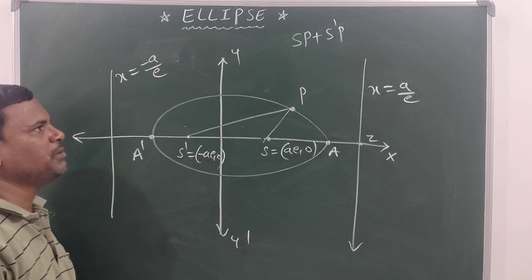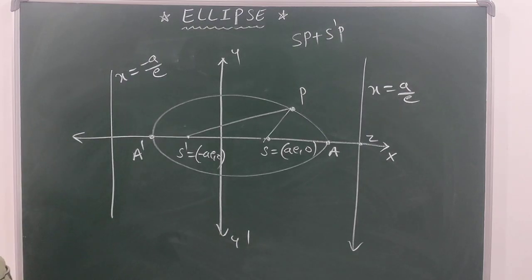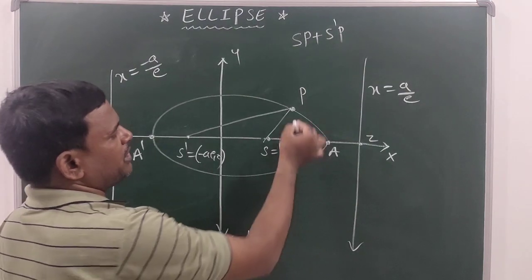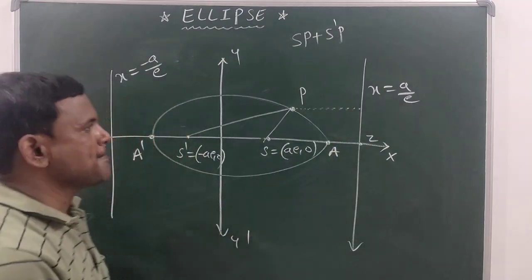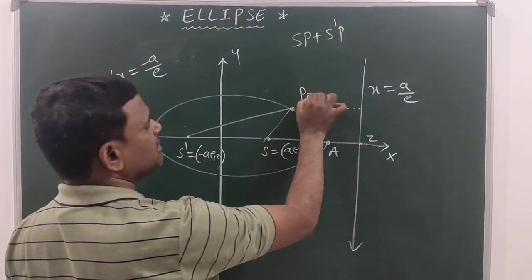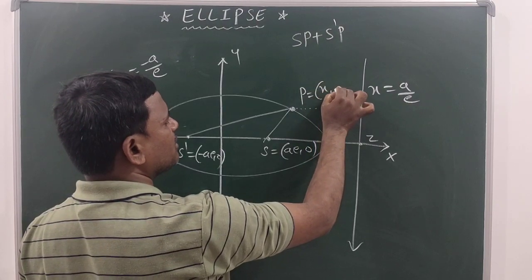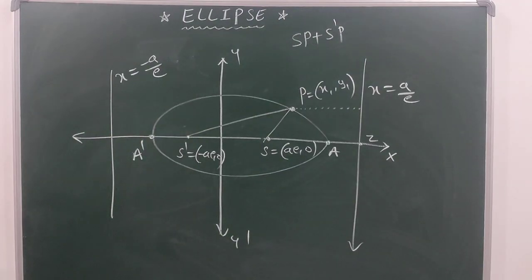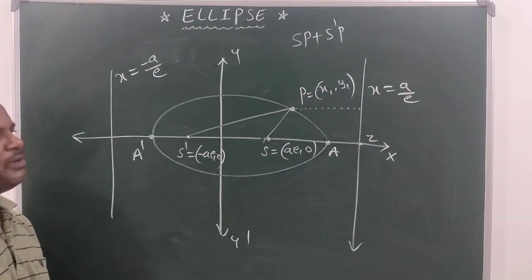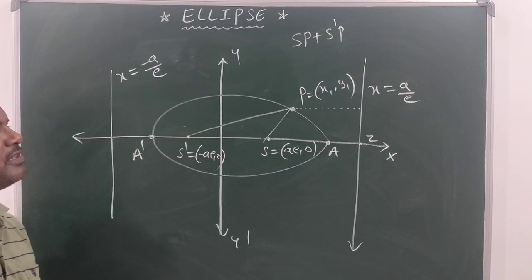How do you measure SP plus S dash P? Students, tell me. Let us consider this P coordinates as (x, y) or (x1, y1). So SP plus S dash P, I want. How do you measure it?